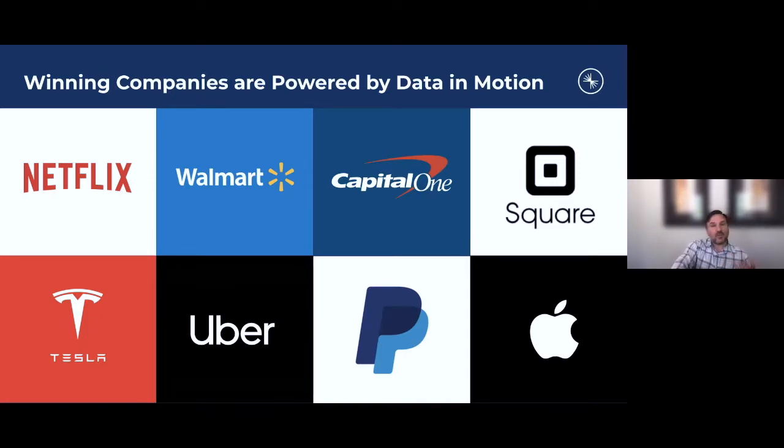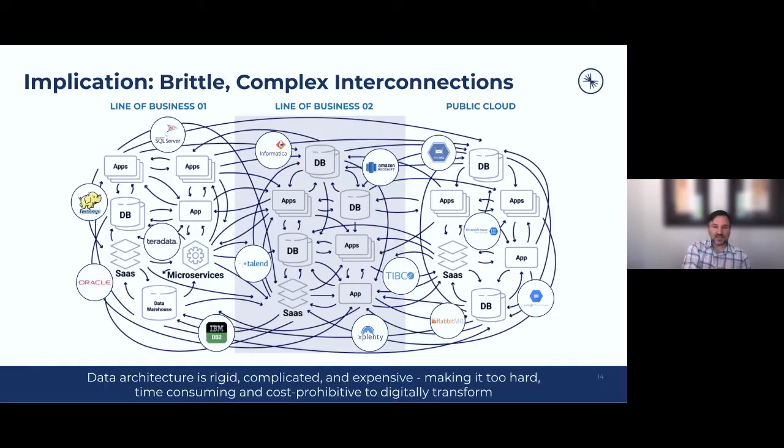Because government missions absolutely can be benefited by harnessing the data that's in motion, just like these companies. One of the challenges, though, is if you look at kind of any technology stack, it looks something like this. I don't care if it's a private company, I don't care if it's government. By and large, there are a whole bunch of different solutions. Those solutions are mission critical for their purpose, and so they'll have very important data, and that data needs to be shared.